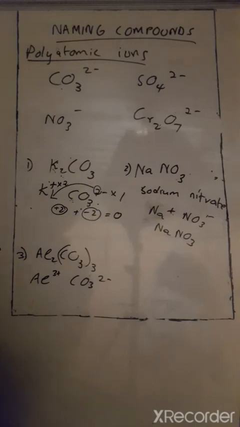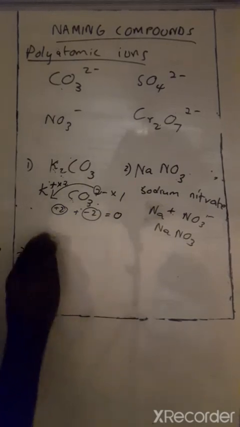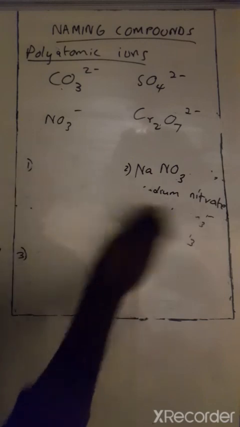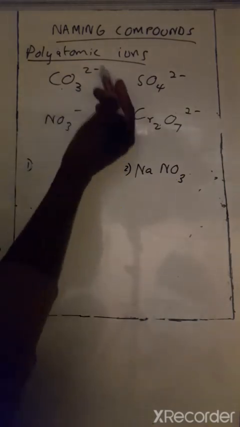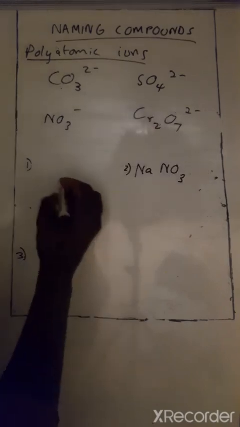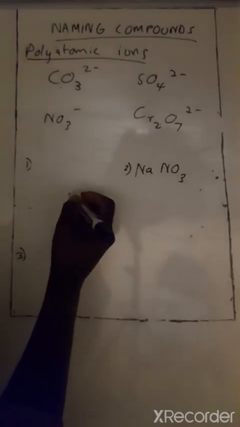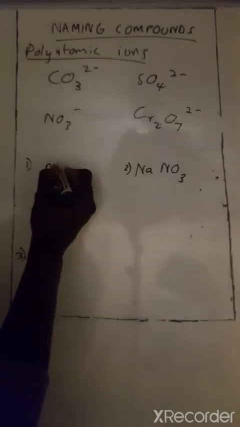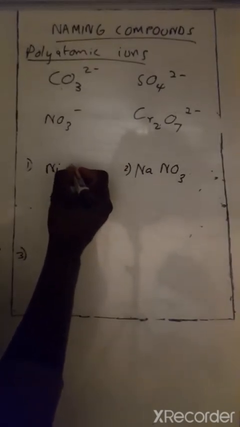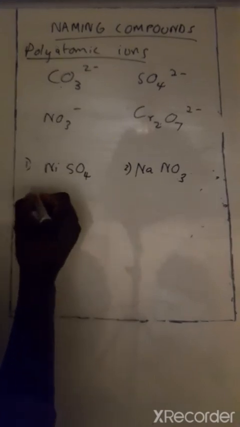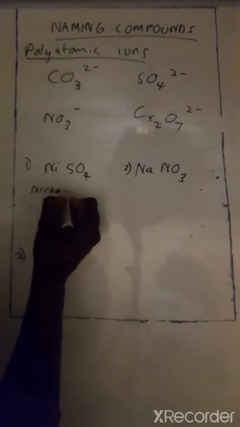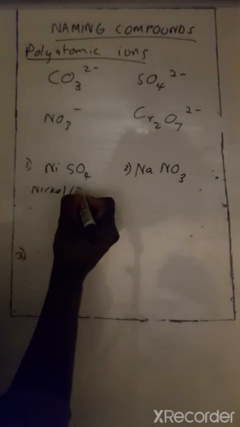Lastly, the transition metals. I'm just going to do very few examples. The very same way, transition metals have more than one oxidation state or oxidation number. Remember, these are oxidation numbers here. Let's take nickel. What is the name of this compound? This is what we call nickel 2 sulfate.